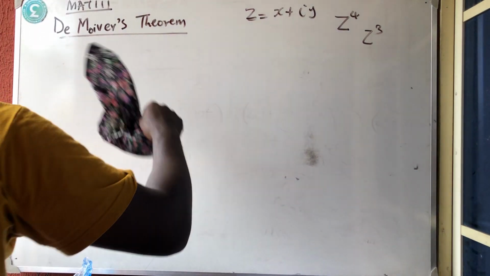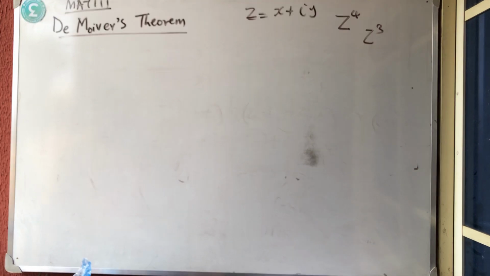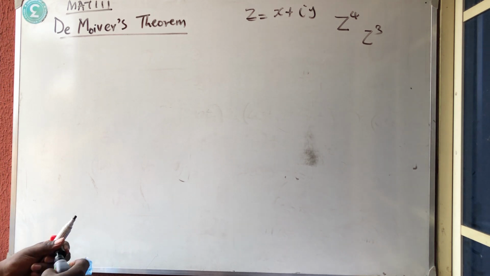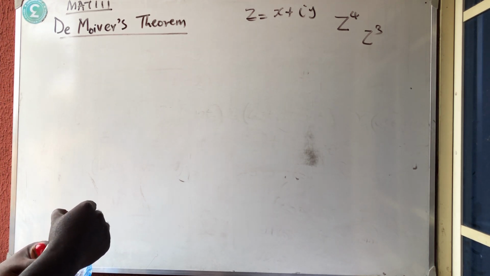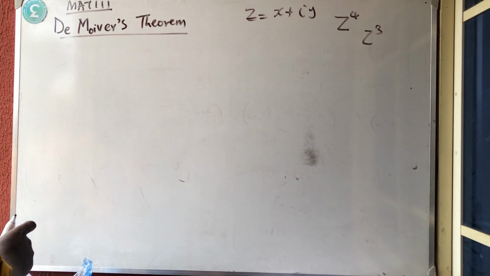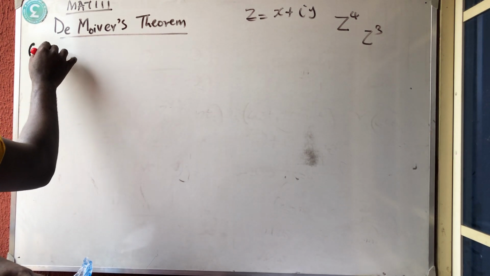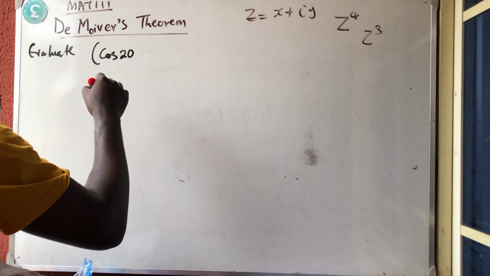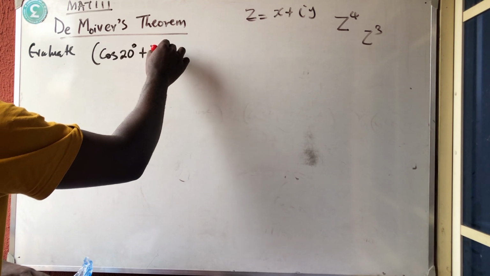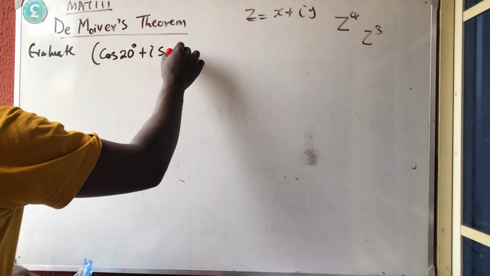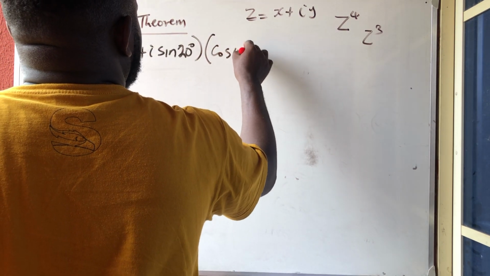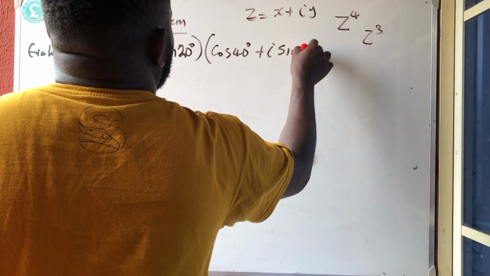So the first question we are going to look at says evaluate cos 20 degrees plus i sine 20 degrees, multiplied by cos 40 degrees plus i sine 40 degrees.